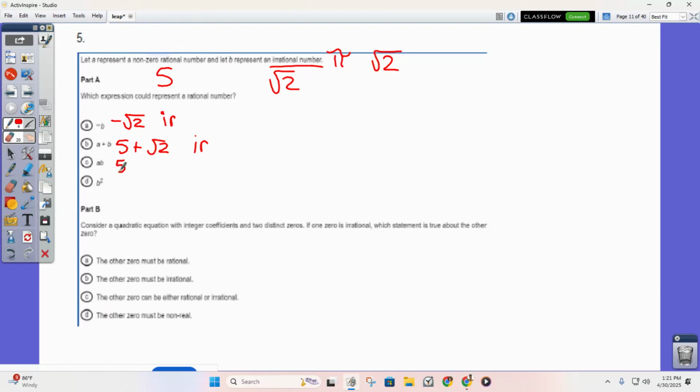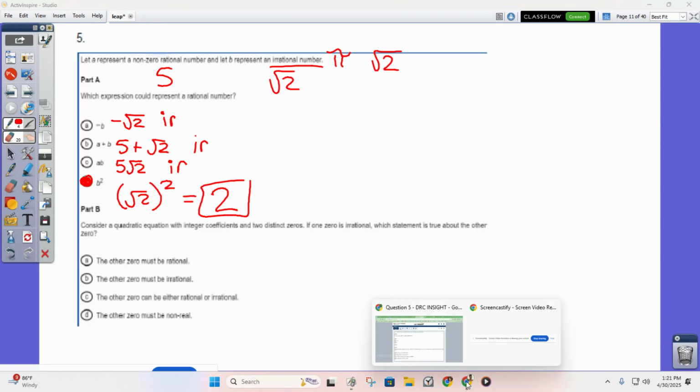If I did 5 times the square root of 2, it's still irrational. But this last one, which by process of elimination we know is right, if I took the square root of 2 and squared it, because square roots and squaring are inverse operations, they undo each other, what that would do is take that radical away and I would just get 2, which is a rational number.